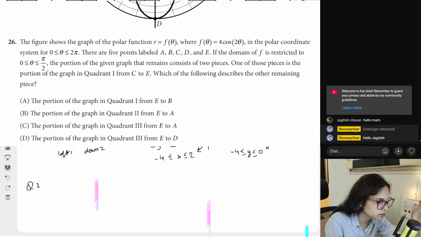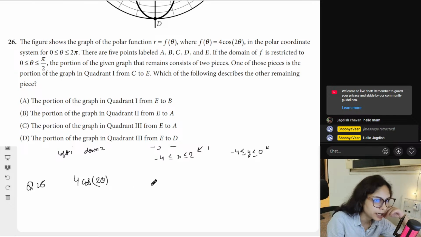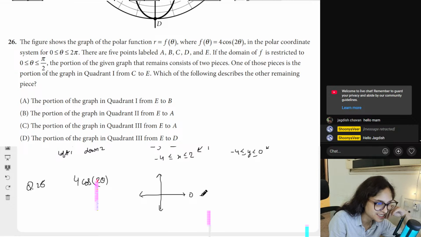This is question number 26. 4 cosine 2 theta, and you're restricting from 0 to pi over 2. So 2 theta means the period is going to be 2 pi over 2, that is pi.